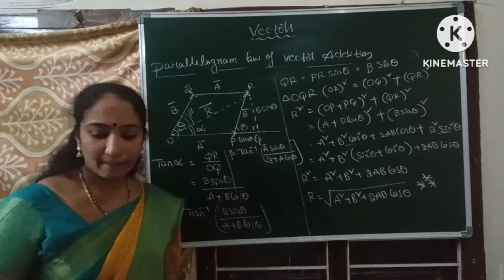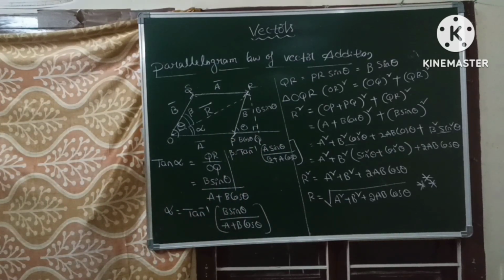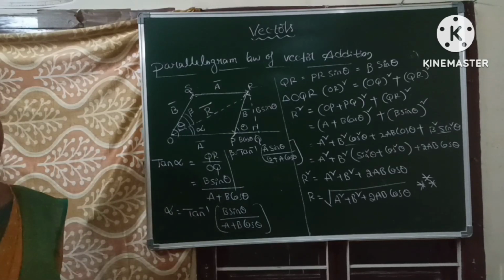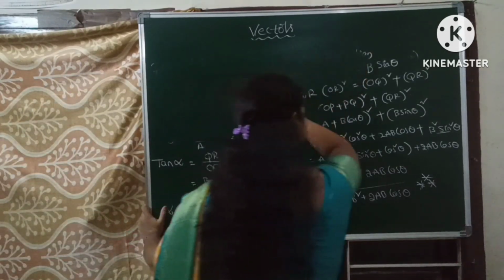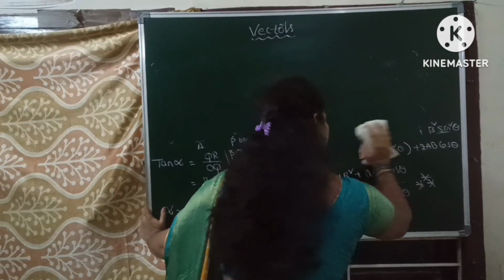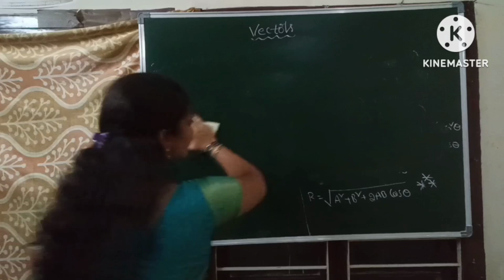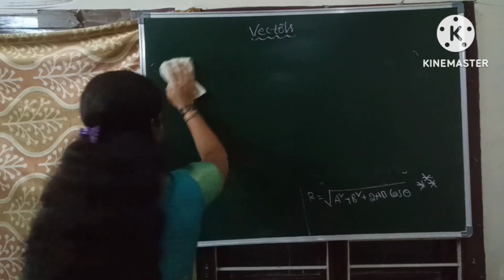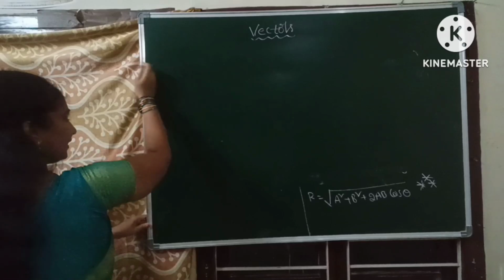So this is about the parallelogram law of vector addition, which we also learned as the analytical method. In the final formula we take different thetas and prove some cases based on the parallelogram law of vector addition.